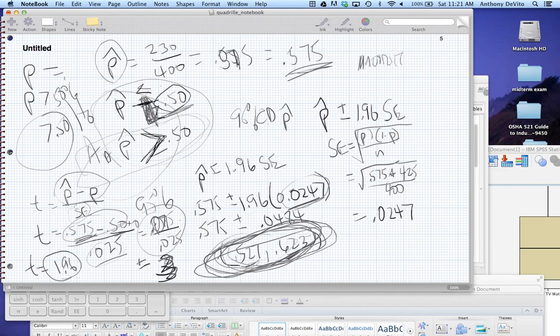So since these are three standard errors apart, we don't even have to go to the t-table because it's a big sample and it's a proportion that we're working with. So we know if it's over 1.96, we can reject the null hypothesis. This is the same thing as what we did with our confidence interval. In both cases, we get the same result.